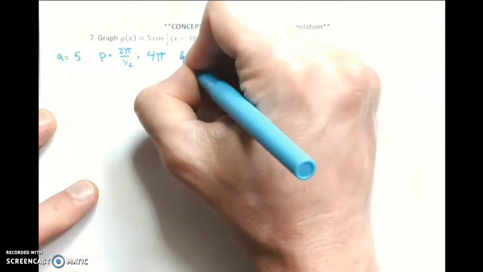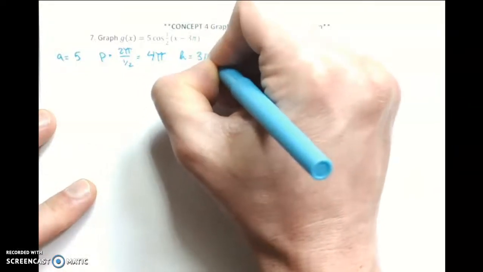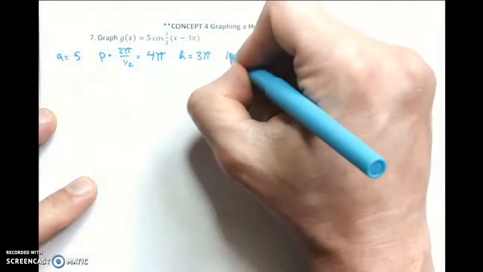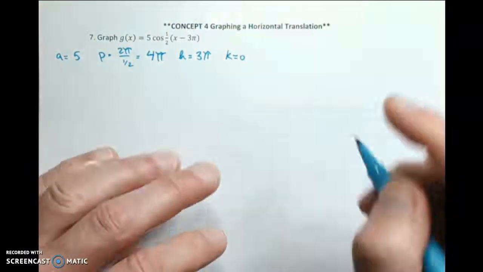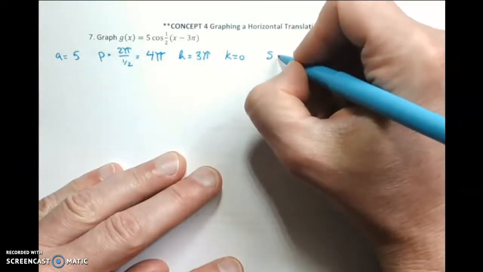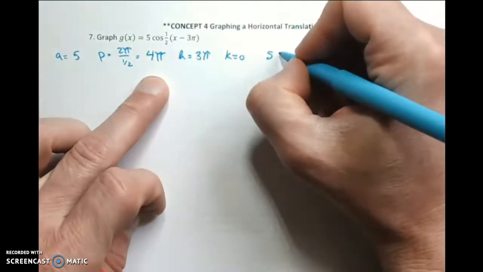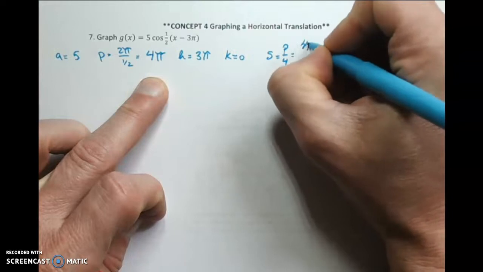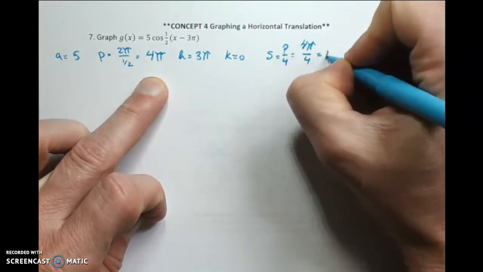My H in this case is 3 pi, so shift 3 pi units to the right. No K in this one, no vertical shift. My scale is going to be P over 4. So it's 4 pi over 4, so I get pi.